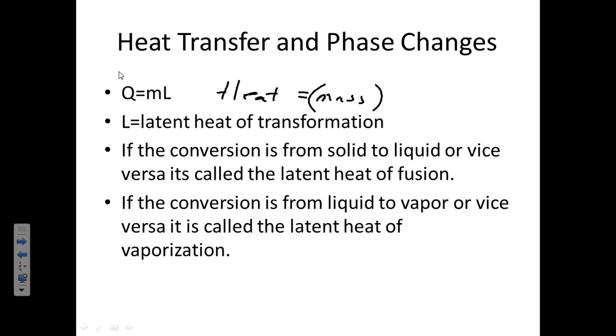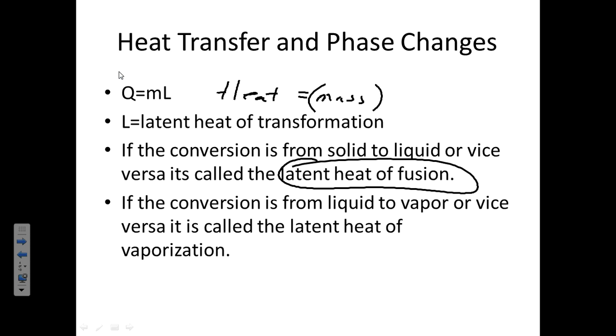Now it turns out that L can be two different things. If we're melting or freezing something, it's called the heat of fusion. And that has a specific value for each substance. It's a constant, just like specific heat. Water has a certain heat of fusion. Other things have their own heat of fusion.